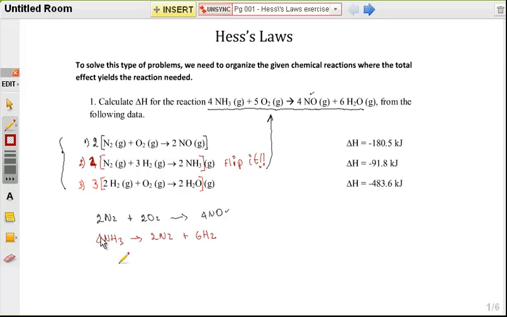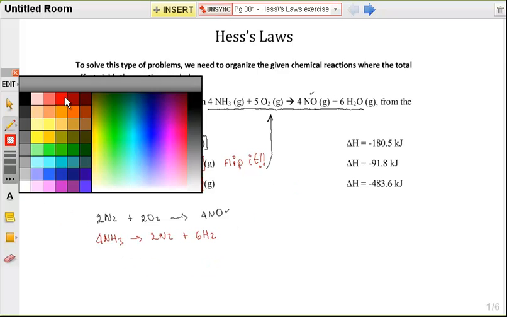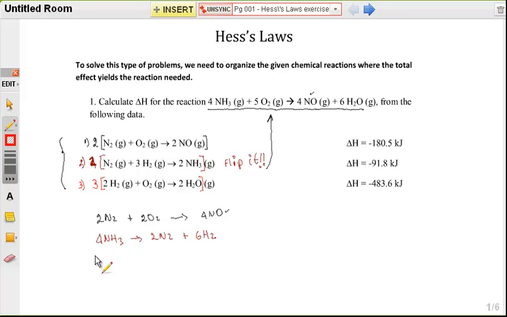Okay, and then we have my third equation. We have 3 times 2 is 6 H2 plus 3 O2 produce 6 H2O.